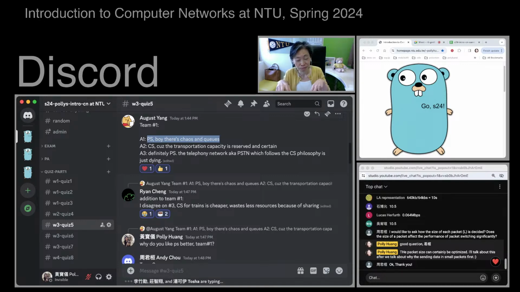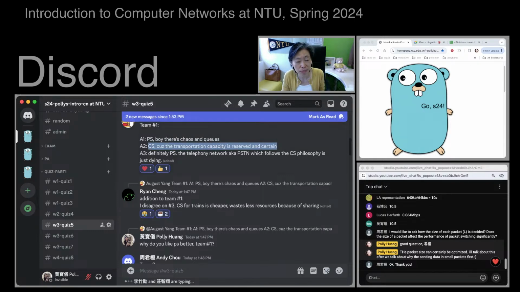So, if you are in a car network, chances are very high that you are congested, right? So you consider the car itself as the packet that you're sending. I agree. And for the train network, more are saying, just like Team 1 here, circuit switched.